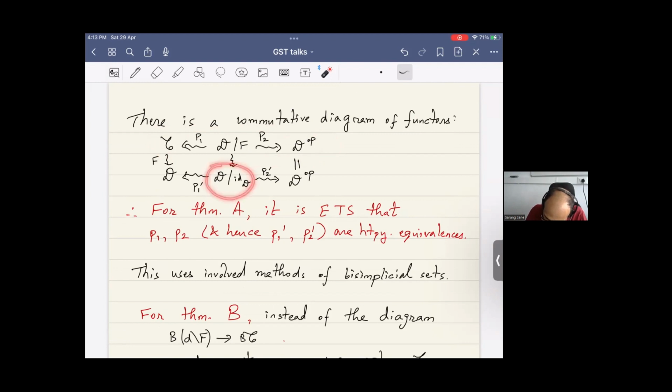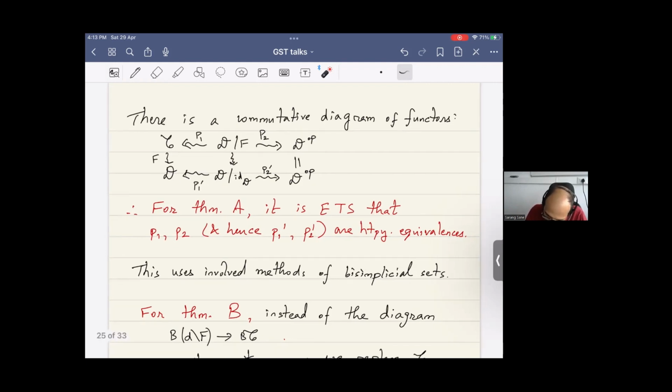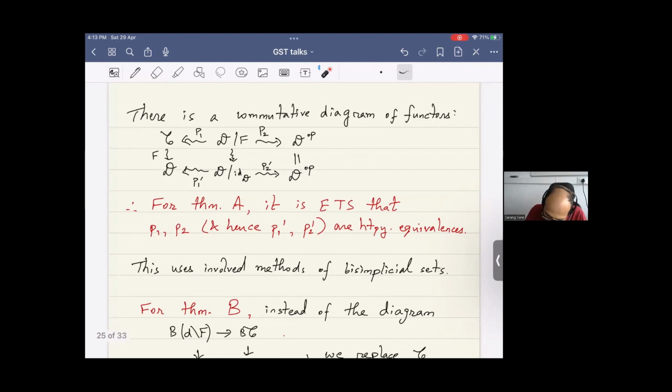Similarly, you can take script d comma identity d. Now, if instead of script d you take little d, then this is contractible as a category. But with script d, it's not. It's in fact a fairly involved category. You can check even by hand that it's homotopy equivalent to d.